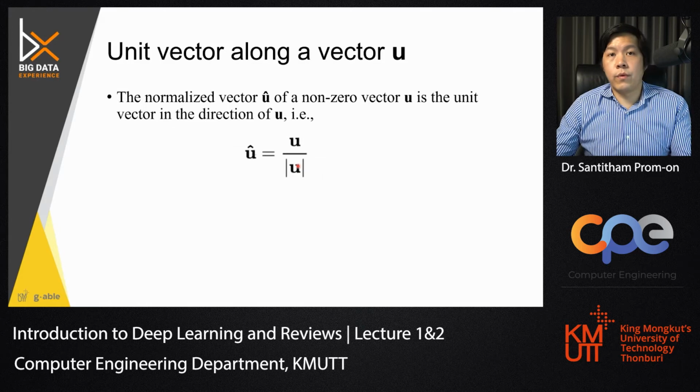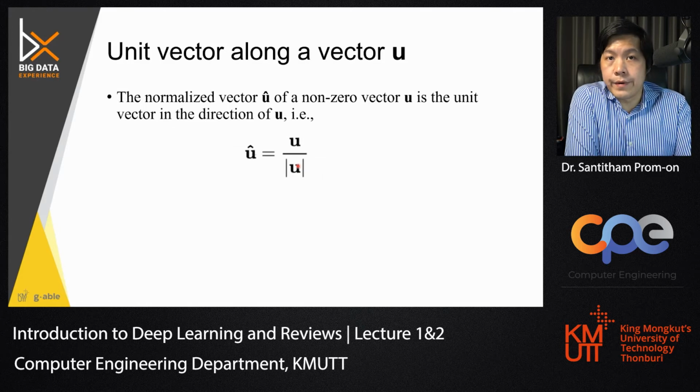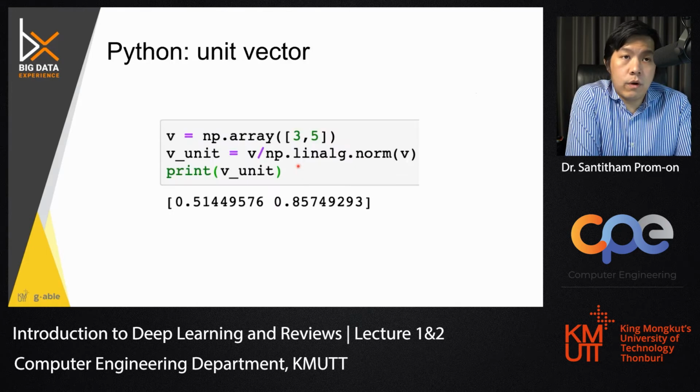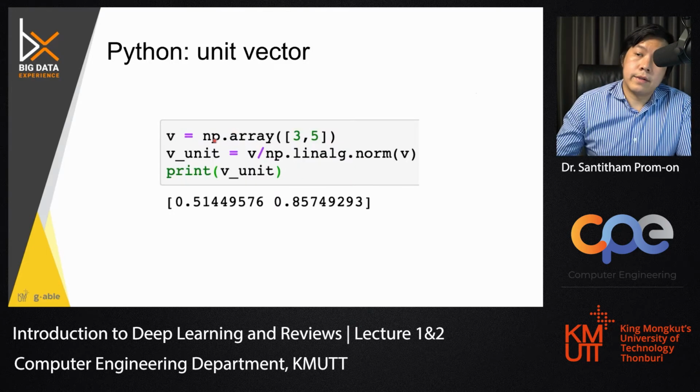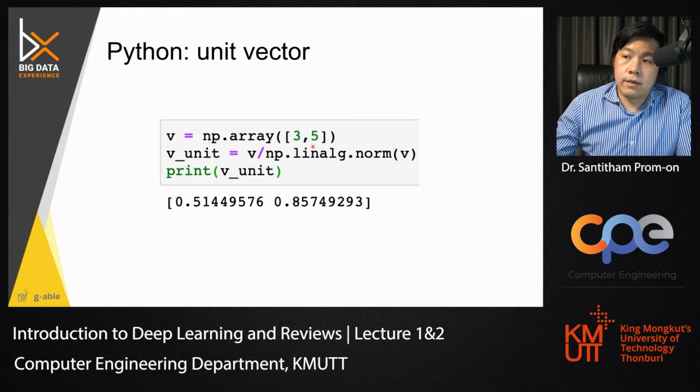Then you get the unit vector moving in the same direction as that vector. In Python, you can do it like this: the vector is 3, 5, and if we divide the vector v by the norm of v, we get the unit vector of v. This would move in the same direction as (3, 5).